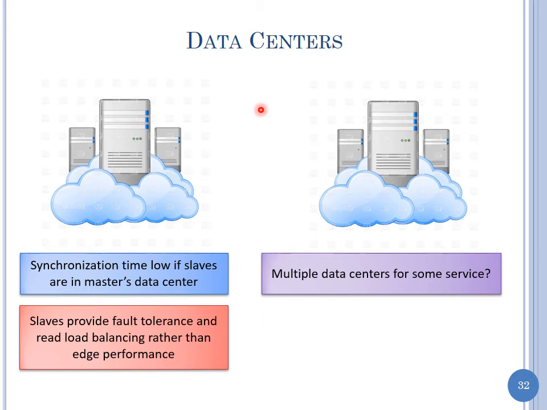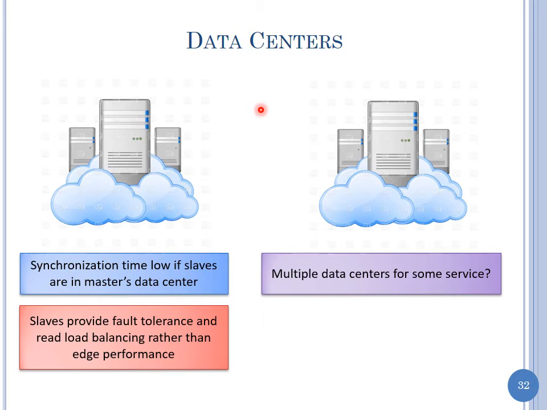Now, can you imagine having multiple data centers for some service, each with its own master? Maybe think Facebook. The situation is somewhat under control as long as there's one master with a bunch of slaves. Like I said, if there's a lot of traffic in California, then we can have a master with a lot of slaves there.